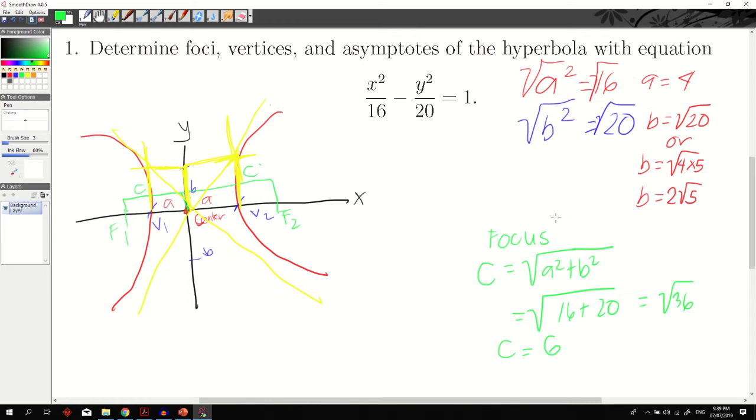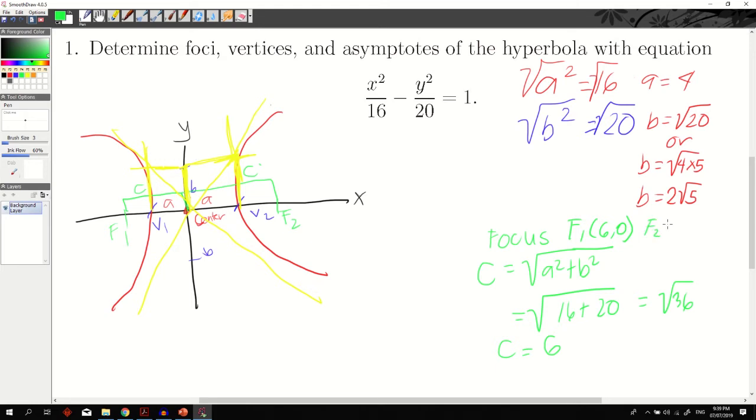So our foci should be what? From the center to this is 6, so 0 plus 6: focus 1 should be 6, 0, because our y-axis doesn't go up and down, so it's still 0.